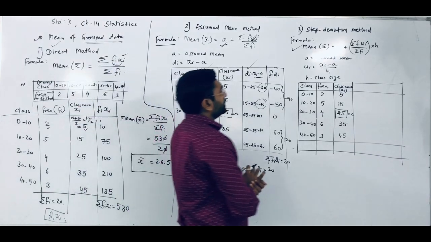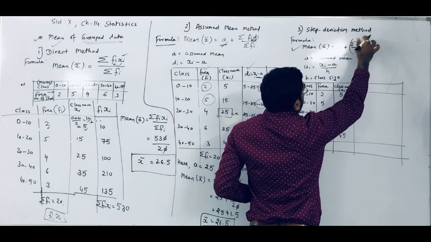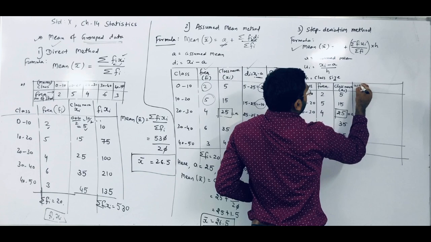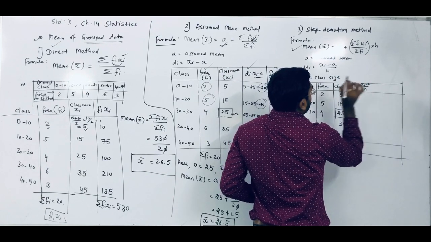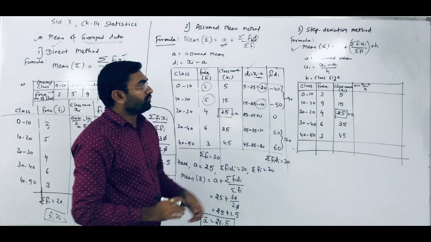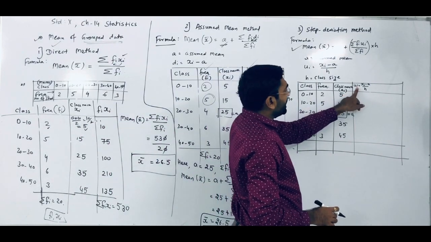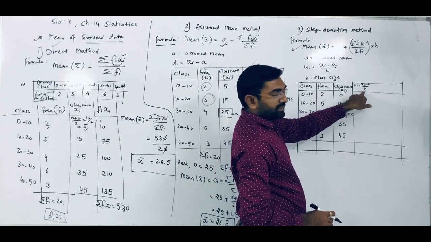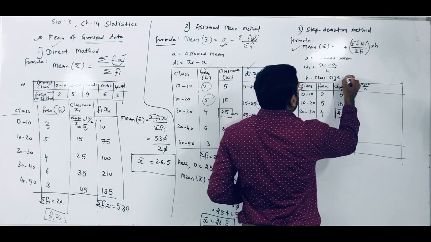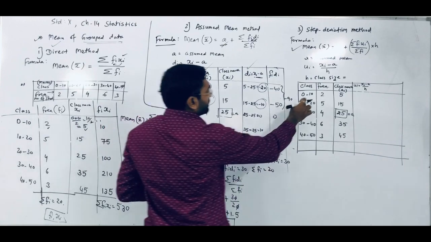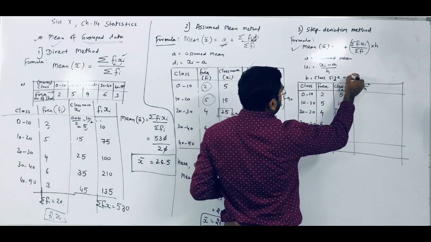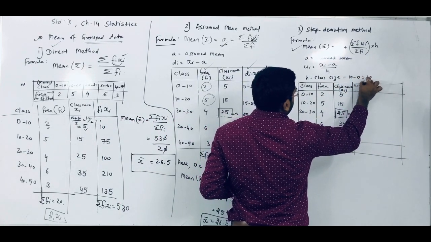Okay. Now here we require the ui value. So the ui column we have to make, as I told you, ui is what? Xi minus a divided by h. Now for finding that ui value, we require the class size value h. So h, how can we find it? As I told you, in a class, observe upper limit minus lower limit: 10 minus 0, so we get 10.